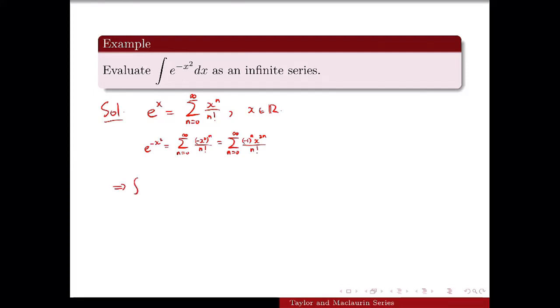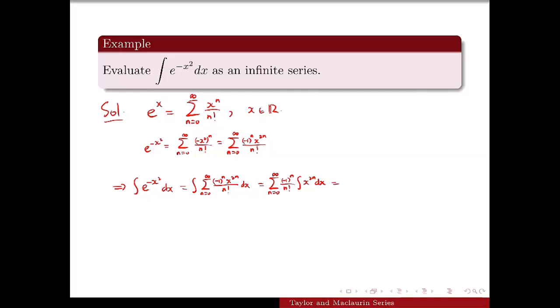Therefore, we integrate e to the minus x squared dx. This is the integral of the sum, negative 1 to the n, x to the 2n over n factorial, from 0 to plus infinity, dx. This is equal to the sum, negative 1 to the n over n factorial, integral of x raised to power 2n dx, from 0 to plus infinity.